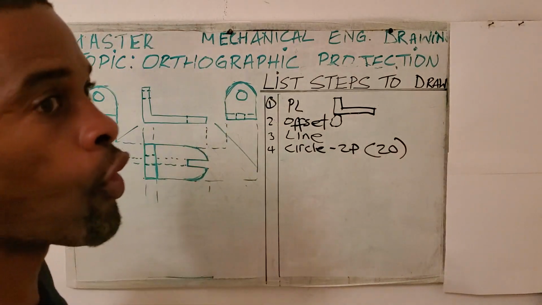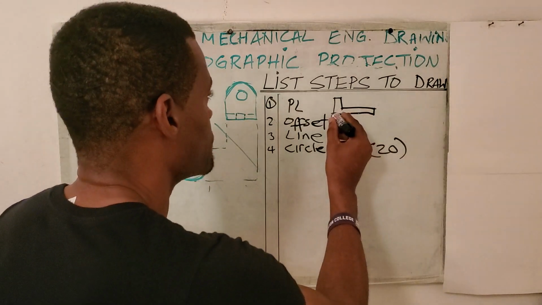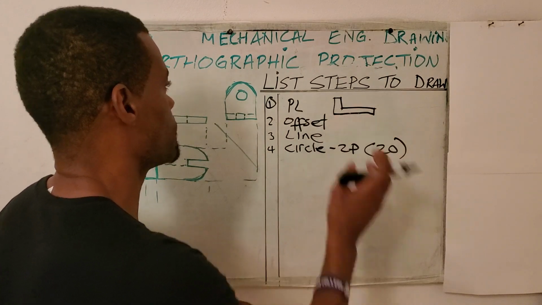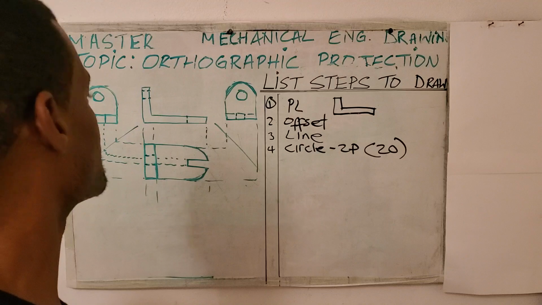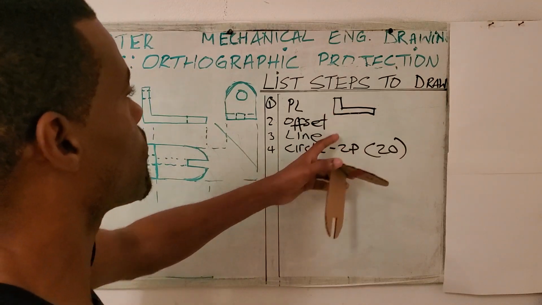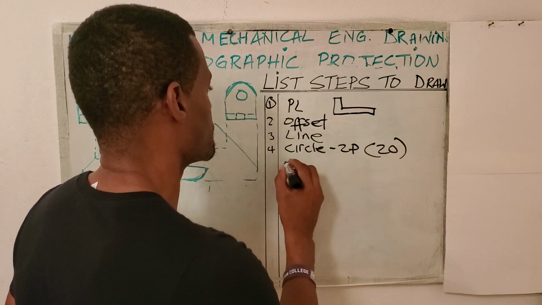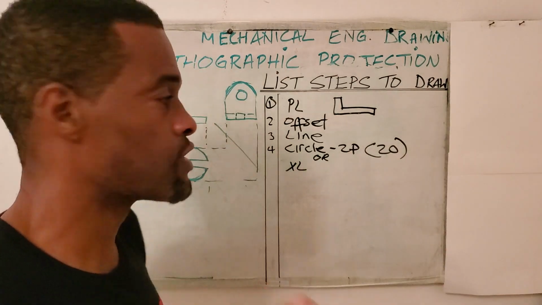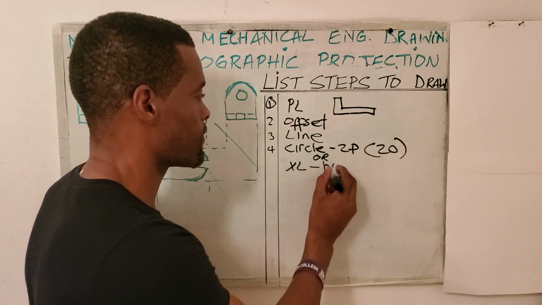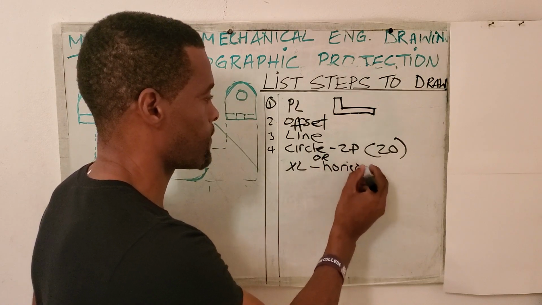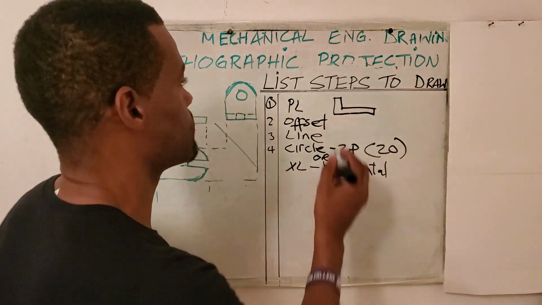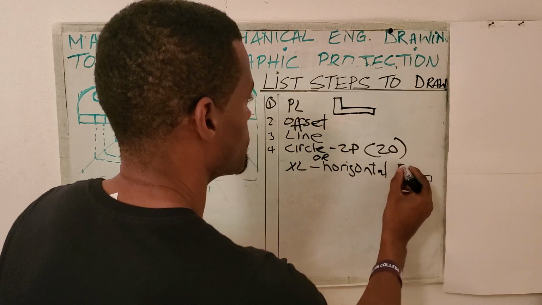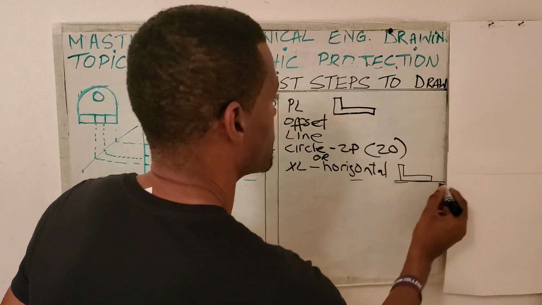So what you could do, you could draw a line here. You could use XL, which is construction line, XL horizontal, and I would draw a horizontal line here.